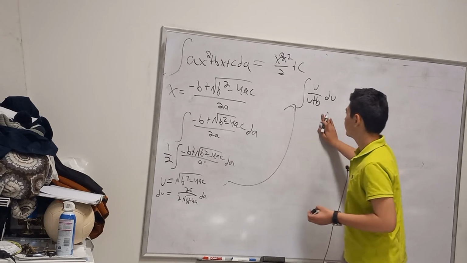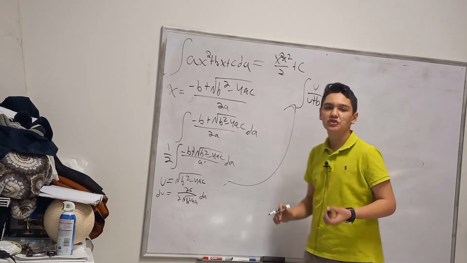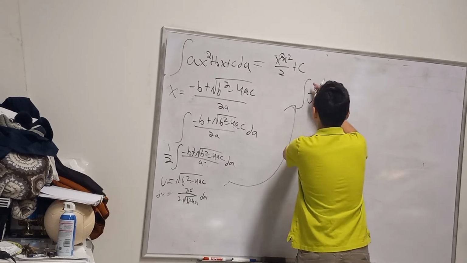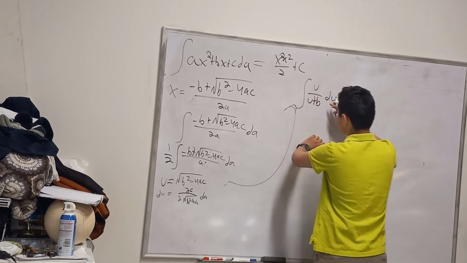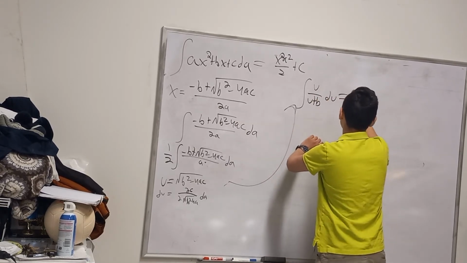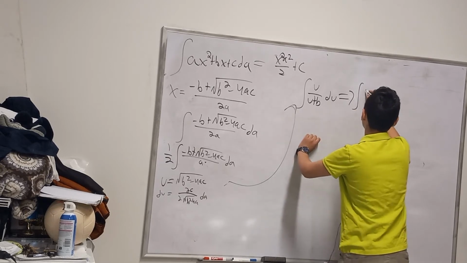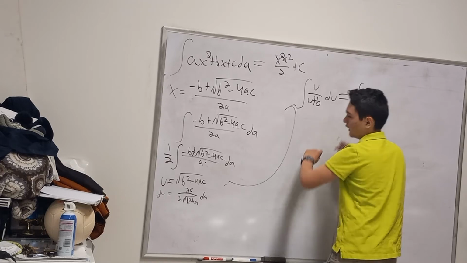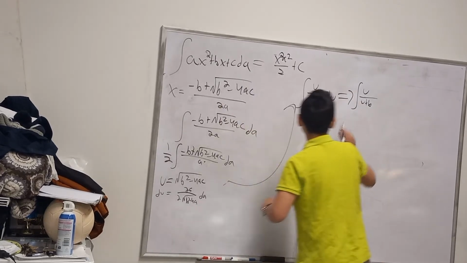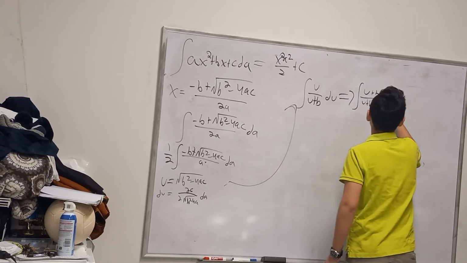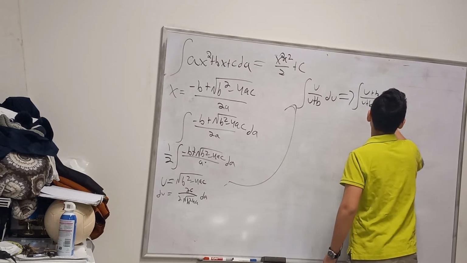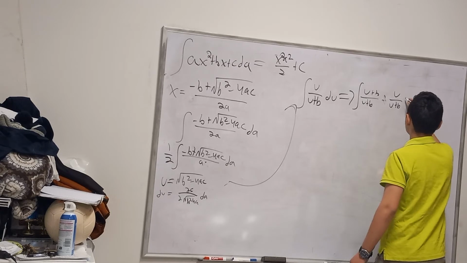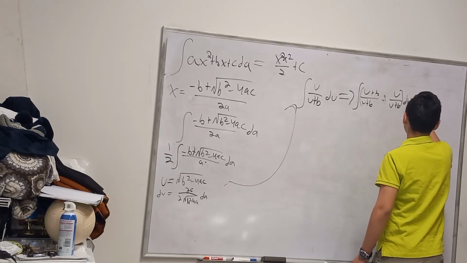We can do another u substitution here, but we can use a little bit of algebra just to make it simpler. So we can write u over u plus b as the integral of u over u plus b times, u plus b or minus u over u plus b, okay, du.